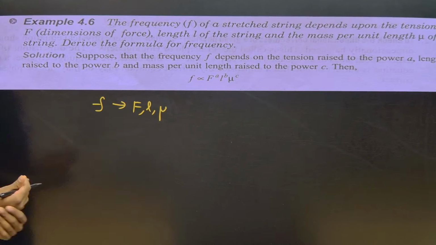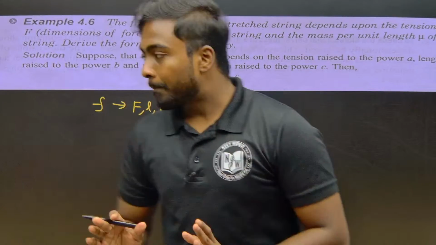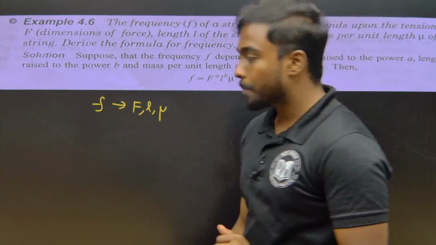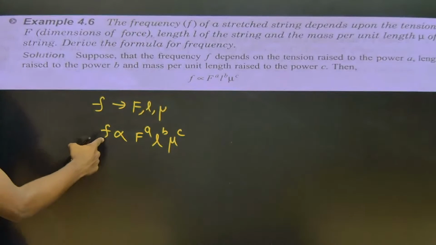I don't know how to derive the formula, but I can say that the left hand side should be equal to the right hand side. Now what I can do here is f is directly proportional to F^a, L^b, mu^c.